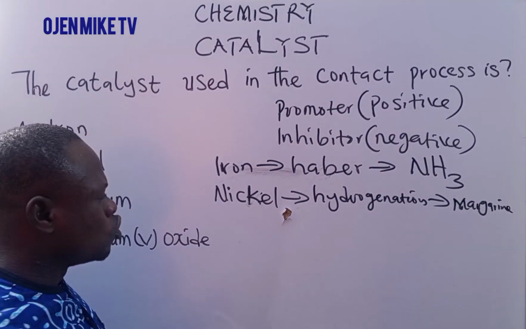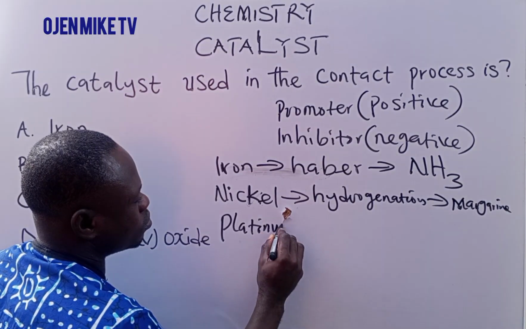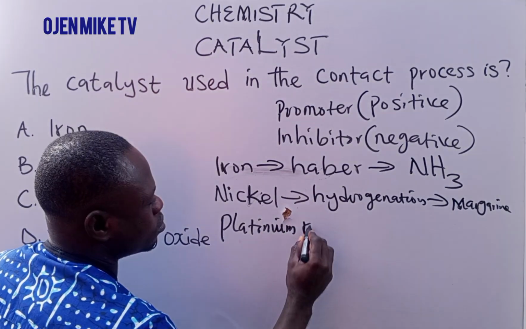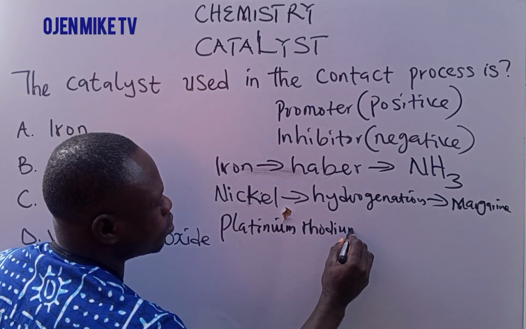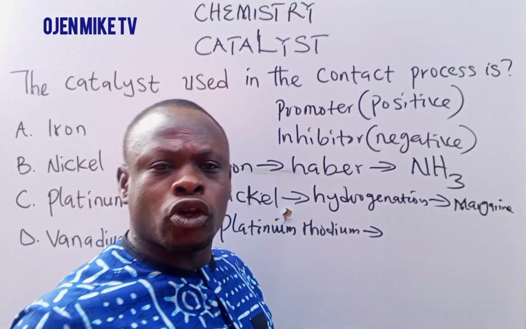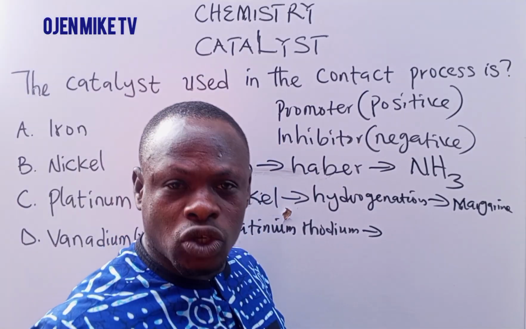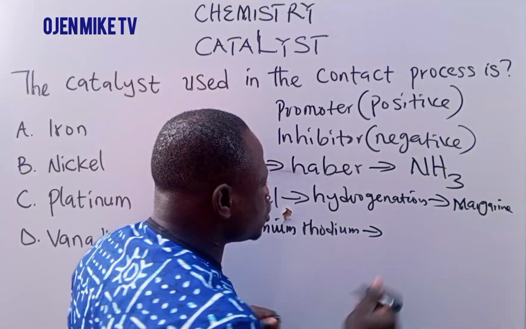Now look at platinum. Platinum and rhodium. The process is used in the production of nitric acid, and that process is called the Ostwald process.